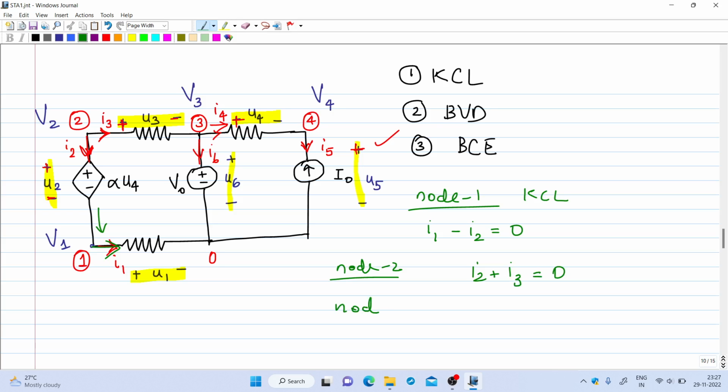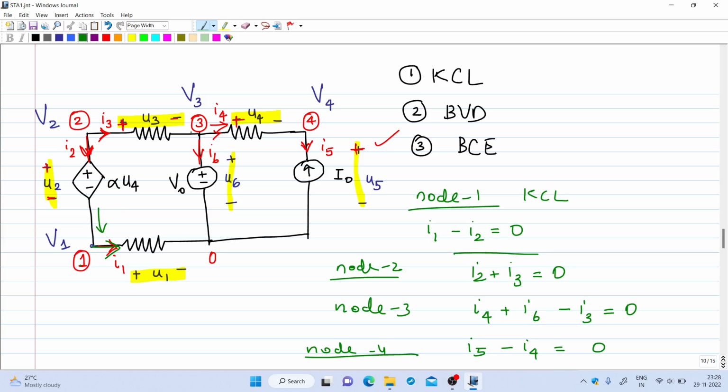Then at node 3, I4 plus I6 minus I3 equal to 0. Then node 4, I5 is flowing out, I4 is coming in, I5 minus I4 equal to 0. So we got 4 equations. There are 4 nodes, 1, 2, 3, 4. So 4 KCL equations we got.